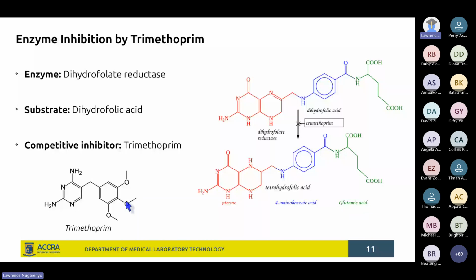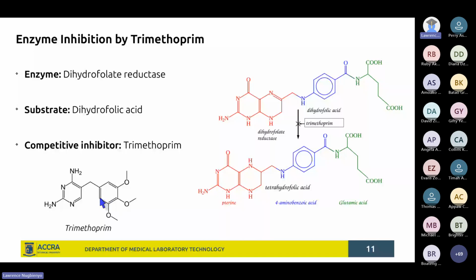This should tell you that trimethoprim will be more of a broad spectrum drug than being specific, like, say, sulfanilamide, because it's not very closely an analog of the substrate.